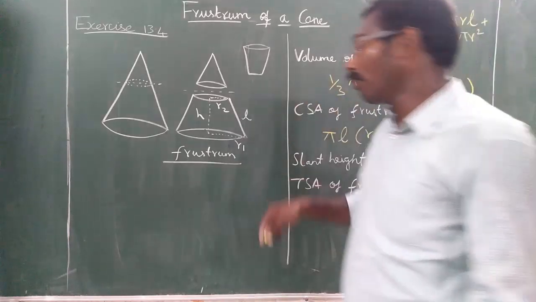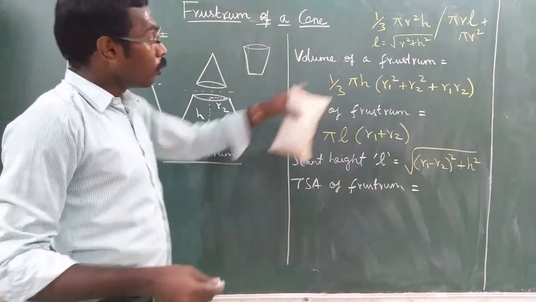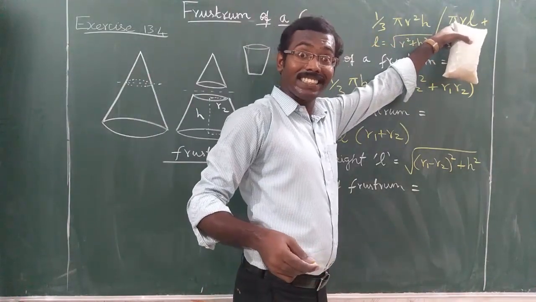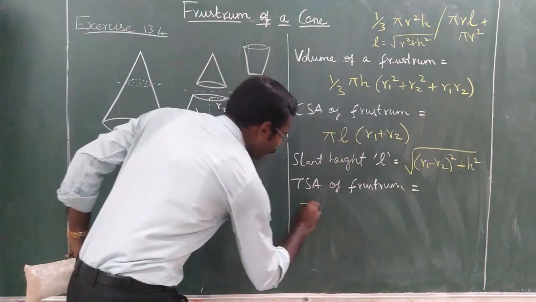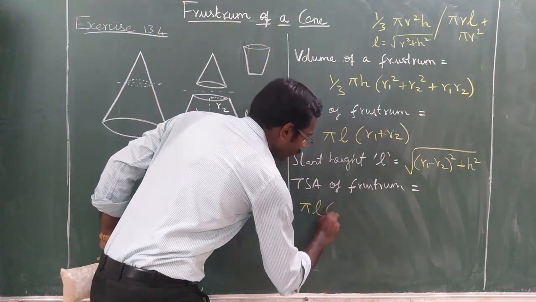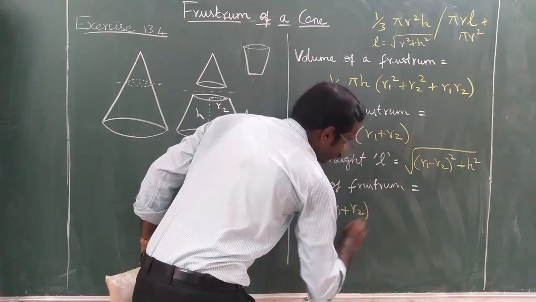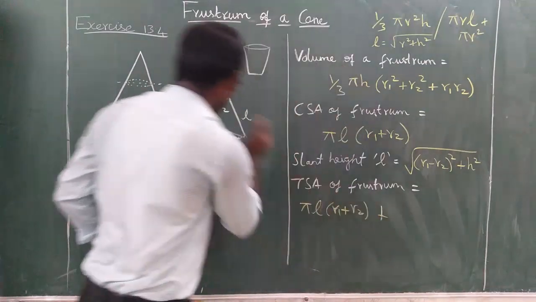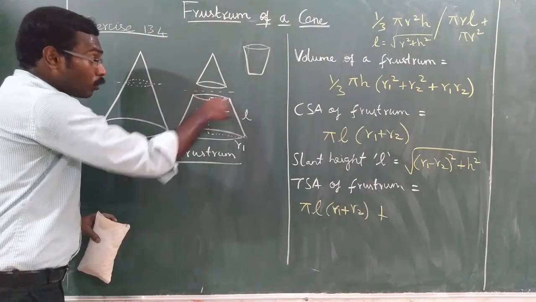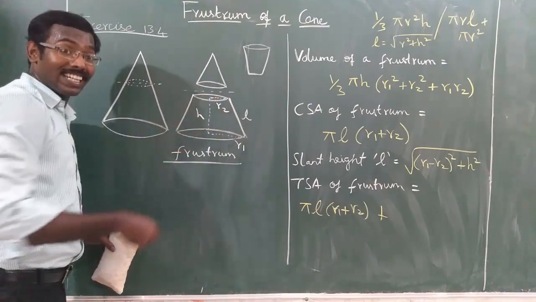So here also, first write the curved surface area. What is the curved surface area? Don't write the CSA of cone, you have to write the CSA of frustum. So pi l into (r1 plus r2). Now we have two circles, one circle with radius r1, another circle with radius r2.